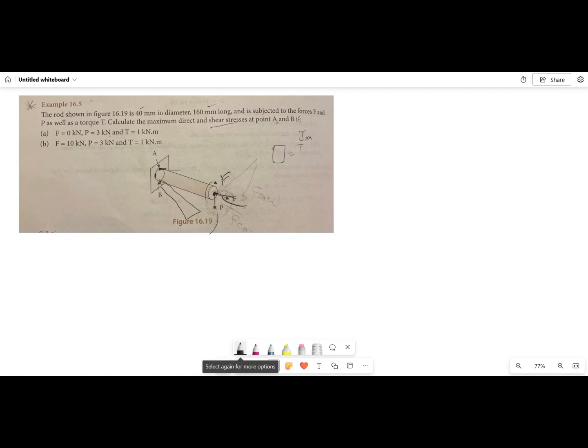Just a couple of formulas. The stress is given like this: rho is equal to My over I, where M is the moment of the force that is applied, and y is the distance from the center of gravity, in this case basically the radius of your rod.